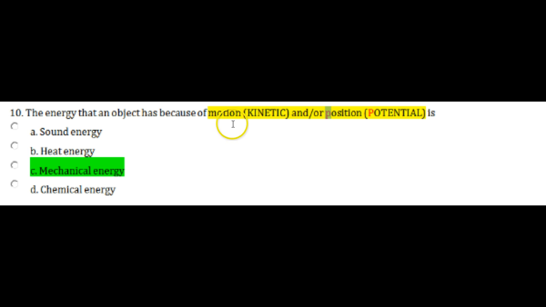And you can remember motion is kinetic, like that kid who's energetic. So mechanical energy is the mother, and her 2 twins are kinetic and potential. Kinetic means motion. Kinetic, a kid who's always in motion and energetic. And then potential is that couch potato.